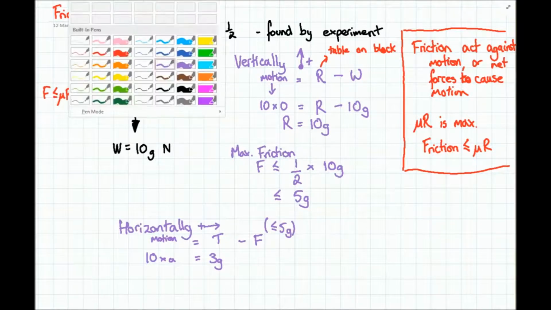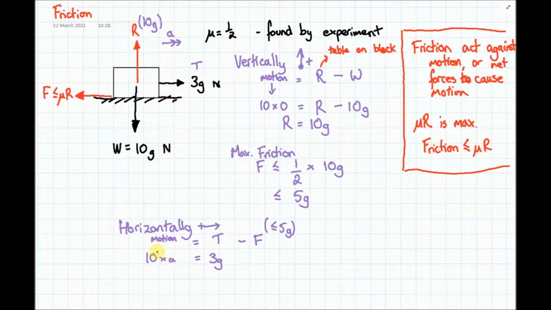So what we need to think about now is, if there was no motion, what force does the friction take? So 0 equals the net forces, my friction, is no net motion.